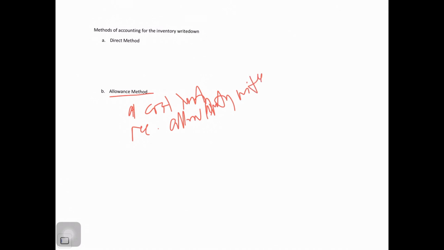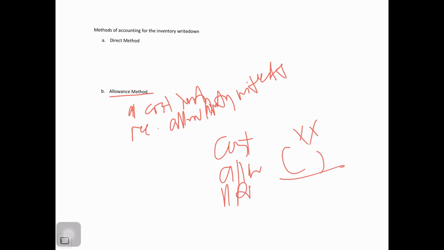Ang sa allowance is ang inventory nato, guys, is at cost ang inventory. However, we record pod allowance on inventory write-off. So ang kaning cost, guys, so cost of inventory dayon less nimo ang allowance, so mo nimo ha net realizable value na for example na amount.